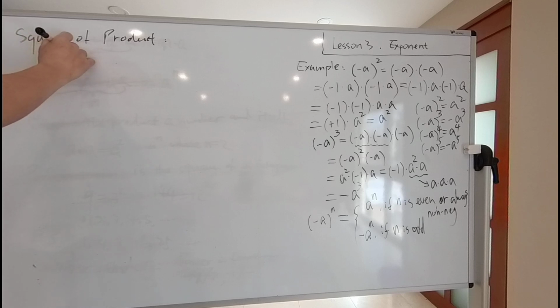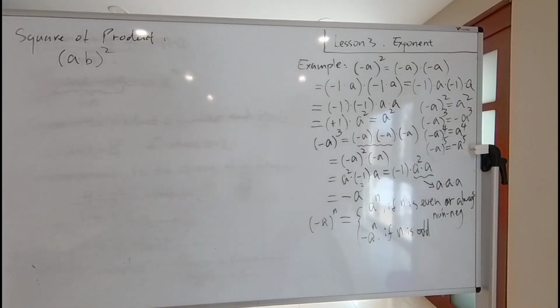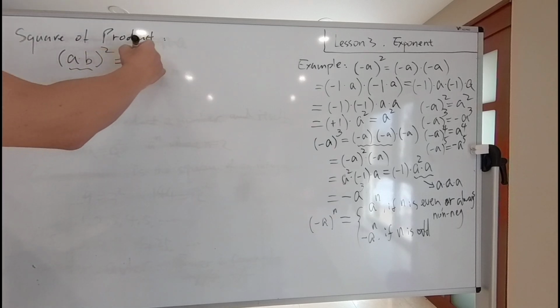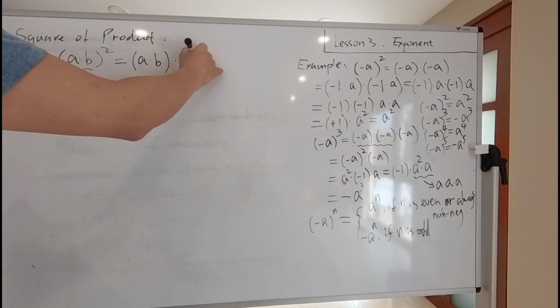So for example, I'm no longer having just a square, but instead I have a times b squared. So first of all, if I'm just considering a times b as a new number, or as a new item, then by the definition of power, it equals this whole term multiplying itself.